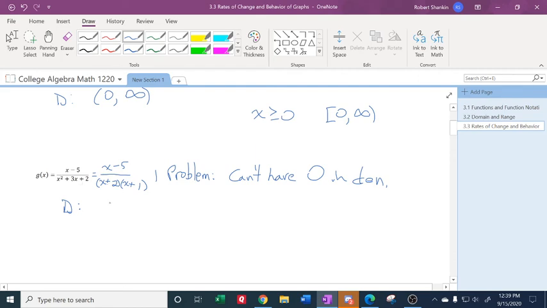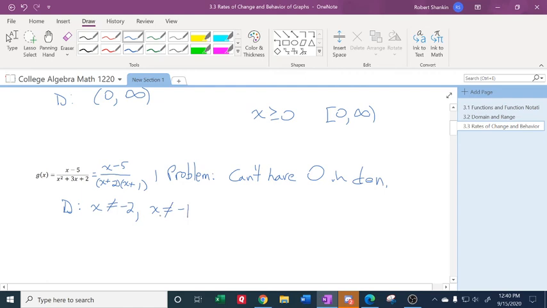Now, the simple way to state the domain is the domain can be everything except, what's the number that causes x plus 2 to be 0? When x is negative 2. What's the number that causes x plus 1 to be 0? When x is negative 1.